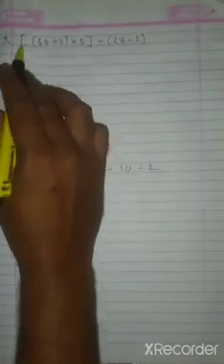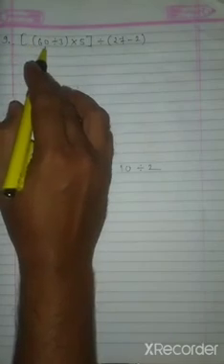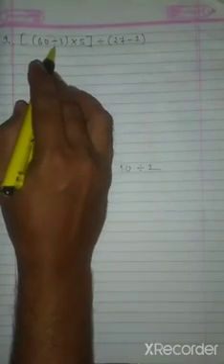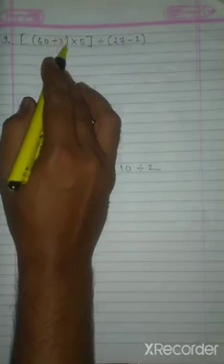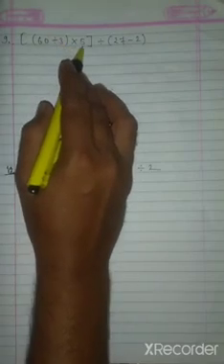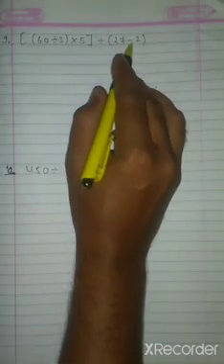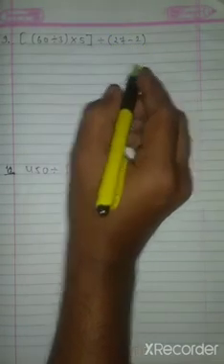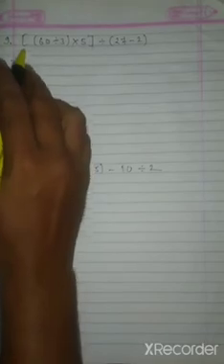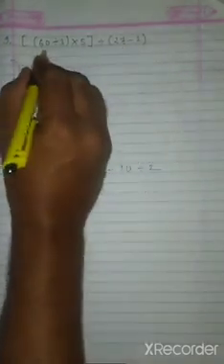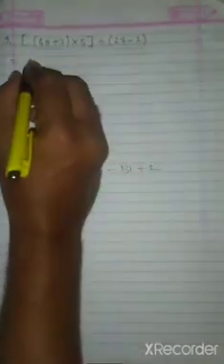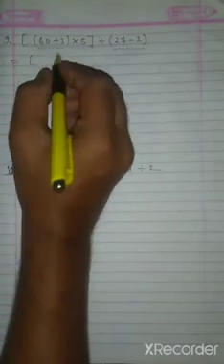Question number 9. In square bracket, round bracket 60 divided by 3, round bracket close, multiply 5, and square bracket close, divide by, in round bracket 27 minus 2. First of all we will solve these round brackets, parentheses.